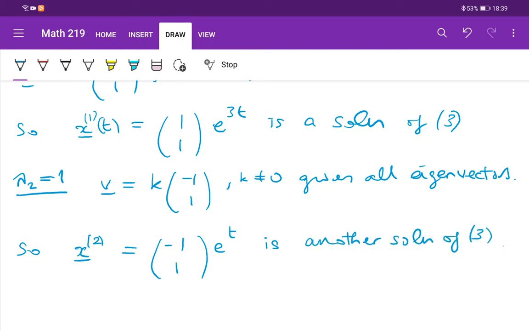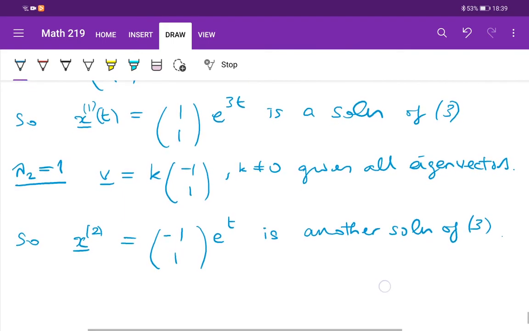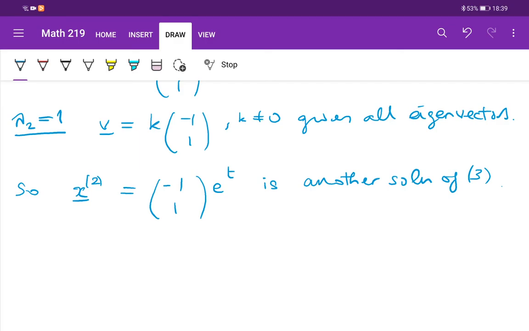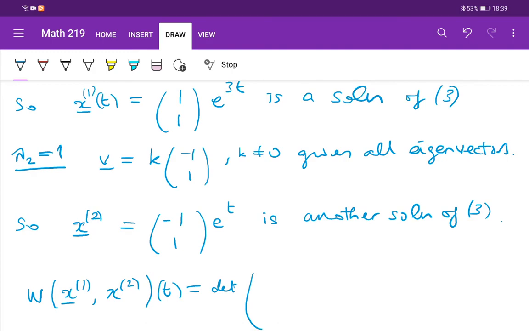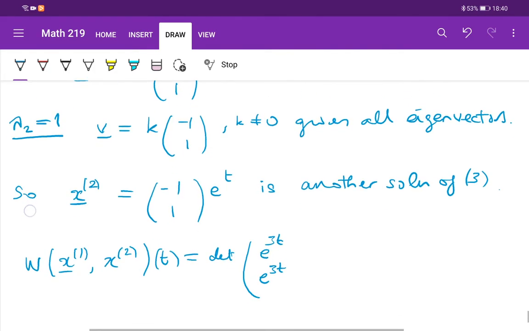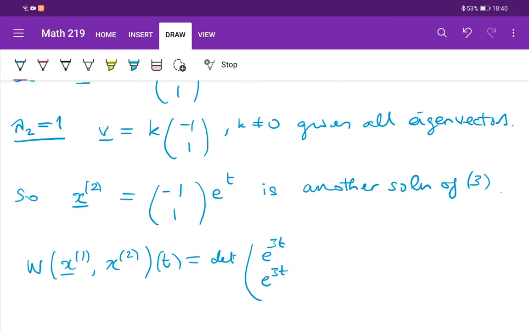Okay, so now are these solutions linearly independent? So are x1 and x2 linearly independent? Let's look at their Wronskian. So the Wronskian of x1 and x2 is the determinant of, x1, recall this is (1, 1) e to the 3t, so this is e to the 3t, e to the 3t, and x2 is (minus 1, 1) e to the t, so this is minus e to the t, e to the t.